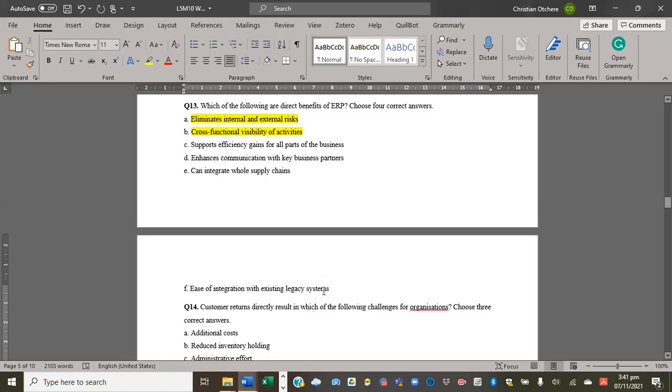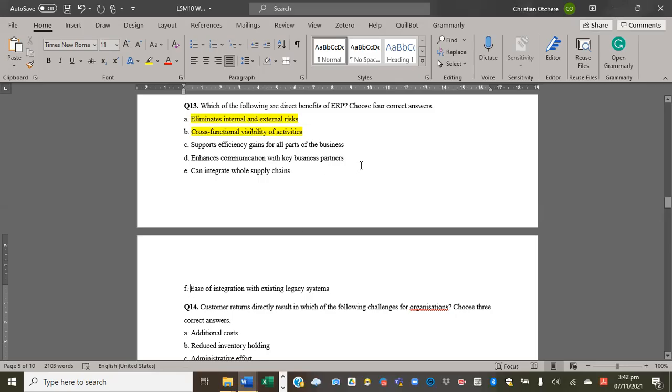Usually ERP has the capacity to do what MRP1 and MRP2 does. It's an advanced software that has the benefits one can derive from MRP1 and MRP2. So it comes as a whole. It doesn't integrate with MRP and MRP2. No, it has inbuilt capacity to perform what MRP1 and MRP2 can do. So integration doesn't work. Then can integrate, so that one will be out.